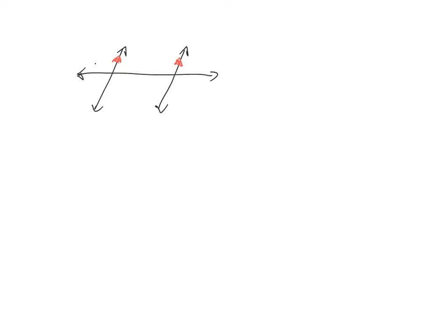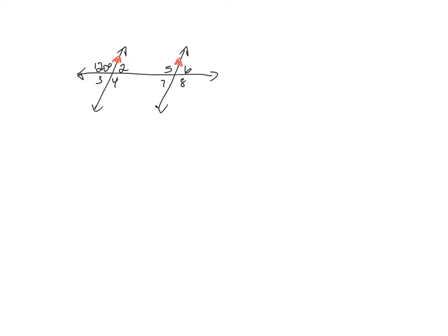So if you know one angle in this kind of parallel lines cut by a transversal, you can figure out all the rest of them using the theorems that we just talked about and a couple other theorems. It just depends on how you look at it.